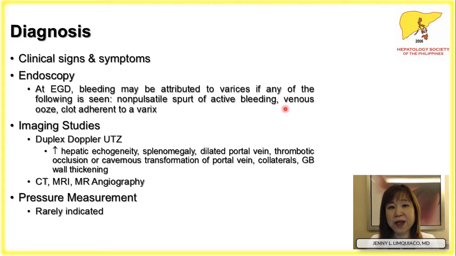With that, you will have indirect findings like hepatic echogenicity, splenomegaly, dilated portal veins, thrombotic occlusion of cavernous transformation, or even gallbladder wall thickening. Another imaging modality is either CT scan, MRI, or MR angiography. The other way of knowing is by pressure measurement, but this is rarely indicated.